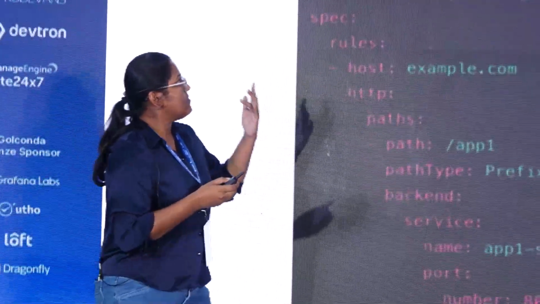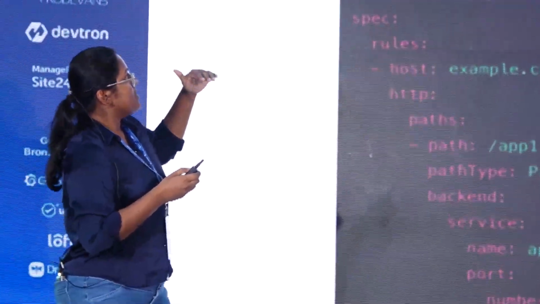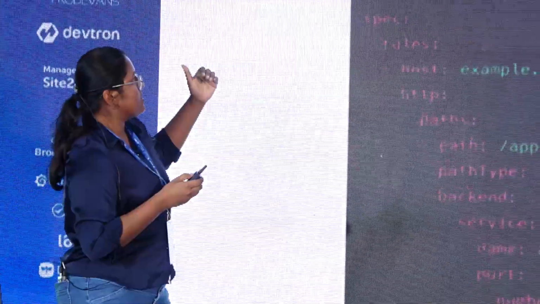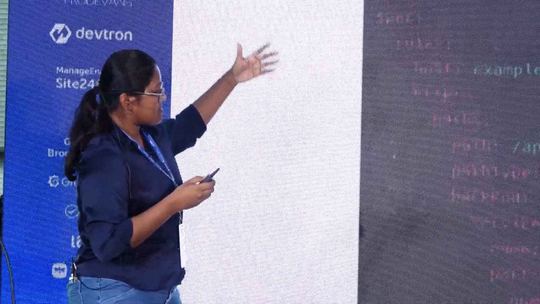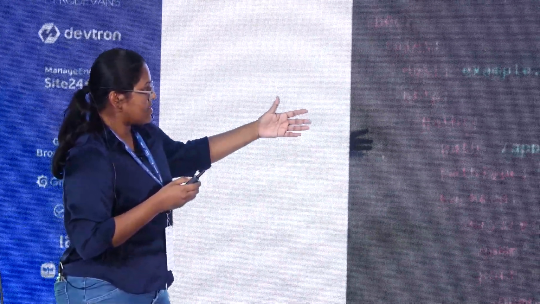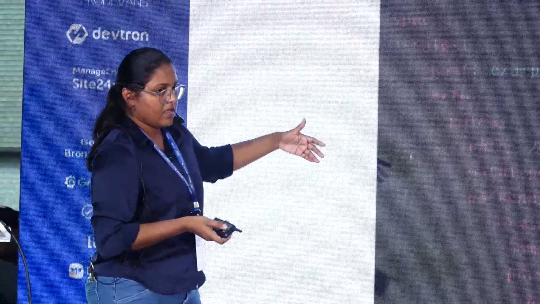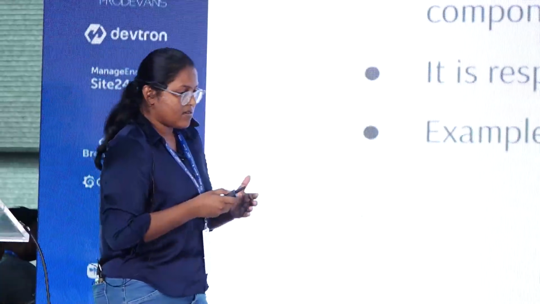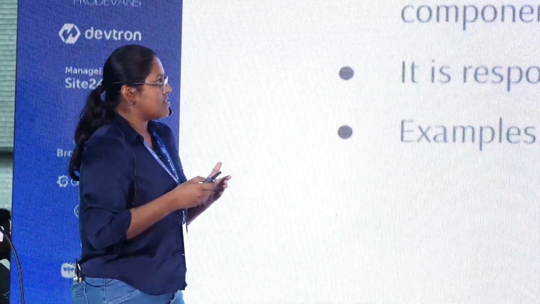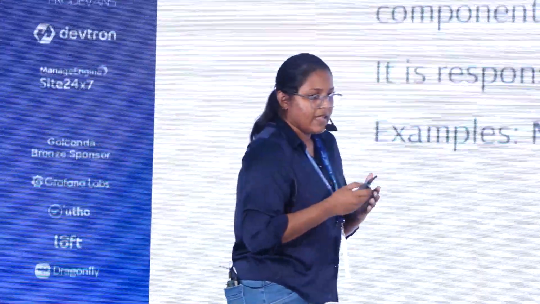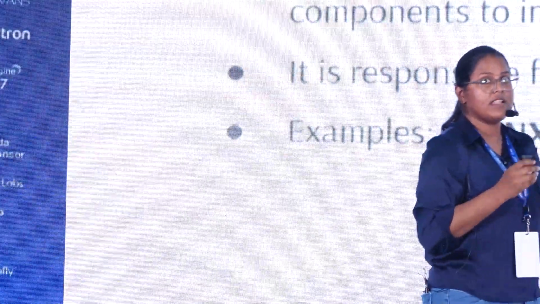For example, we have here the ingress resource, and this is an example YAML where we have set up all the routing rules. Ingress controllers, as I said, fulfill those routing rules.